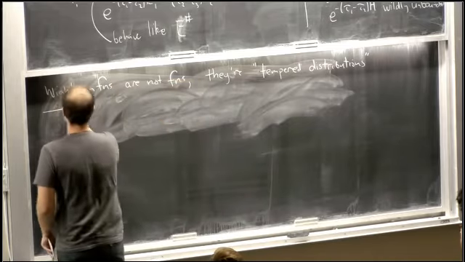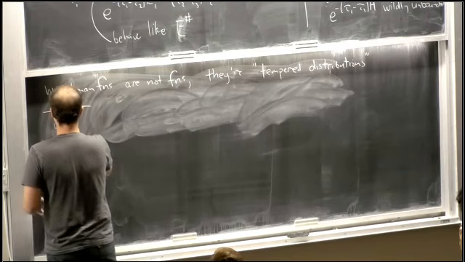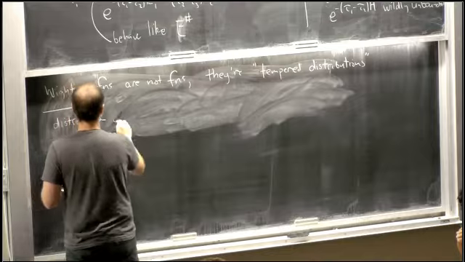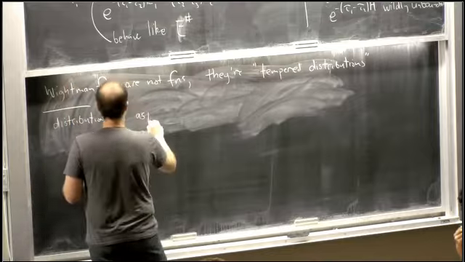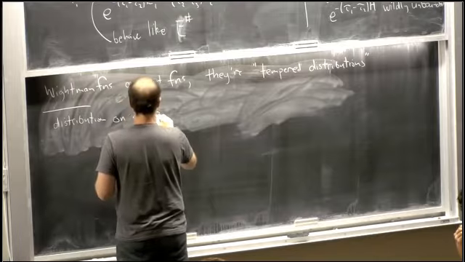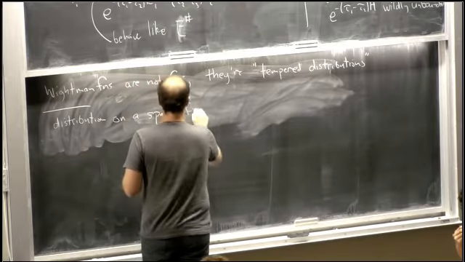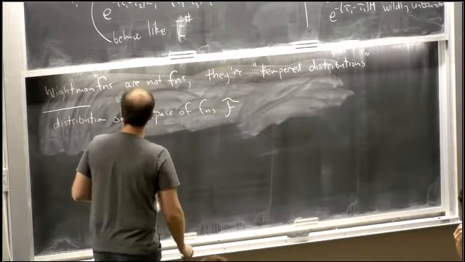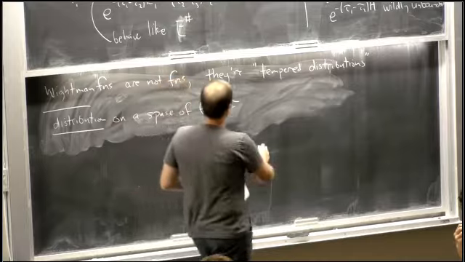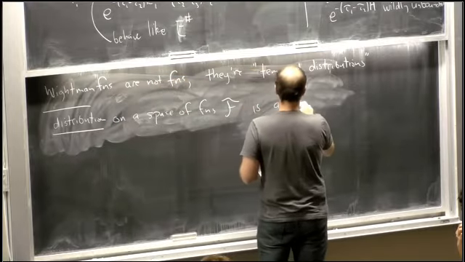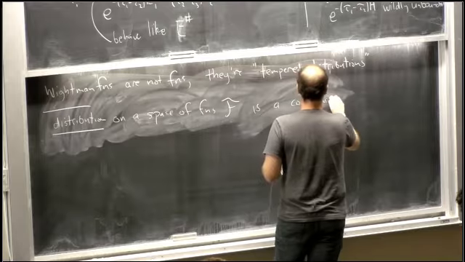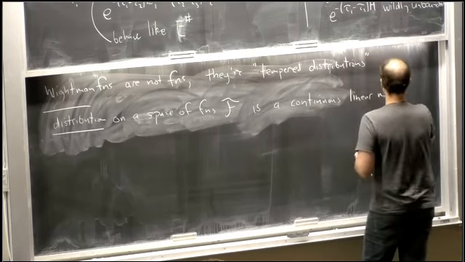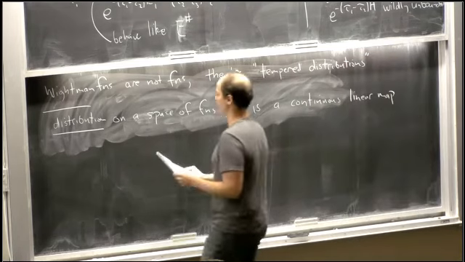First of all, a distribution on a space of functions, curly F, is a continuous linear map to the complex numbers.